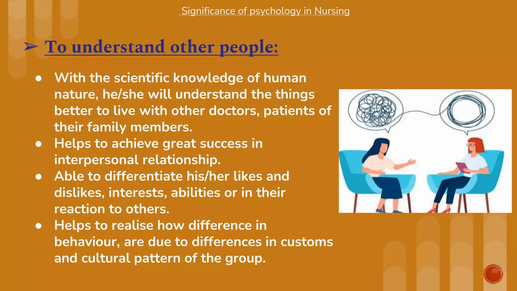This makes you able to differentiate your likes, dislikes, your interests and your abilities in their reaction to others. This means you will not impose your interests, your abilities, your understanding onto the patient.